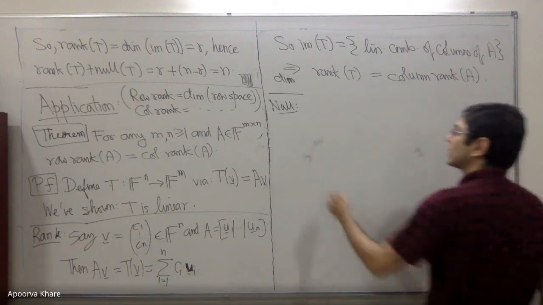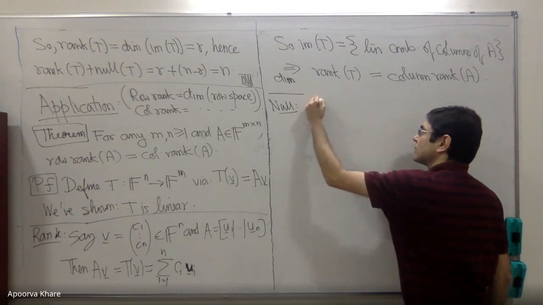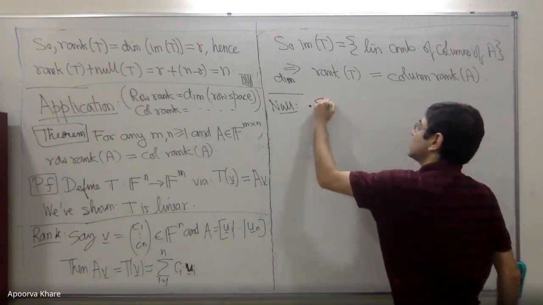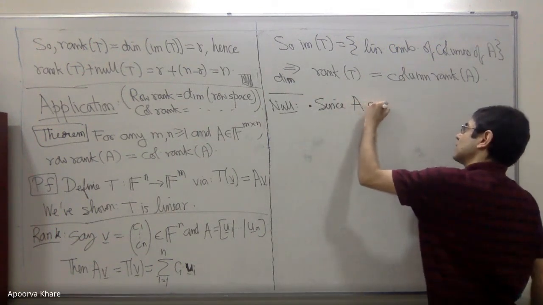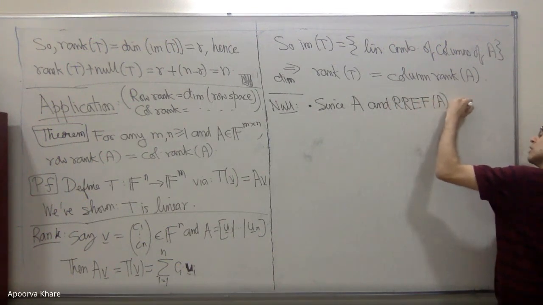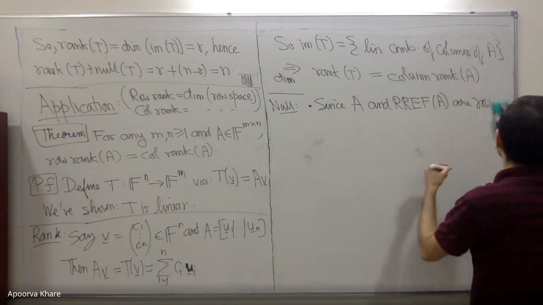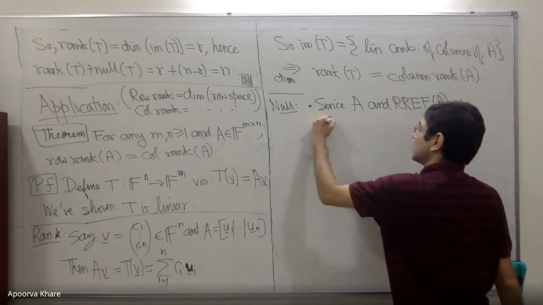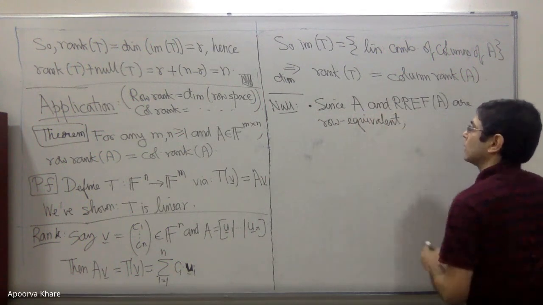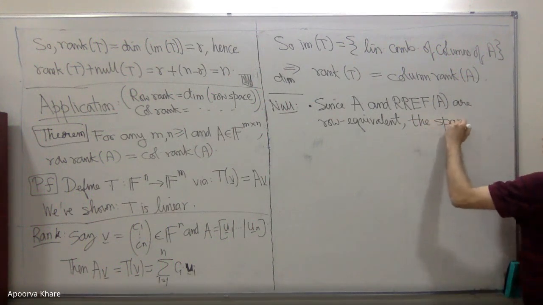Okay, so first of all, we will use this later. So let me say this: by homework 3, since A and RREF of A are row equivalent, the spans of their rows agree.